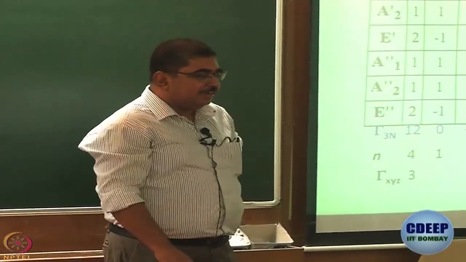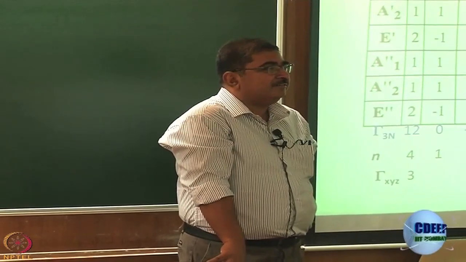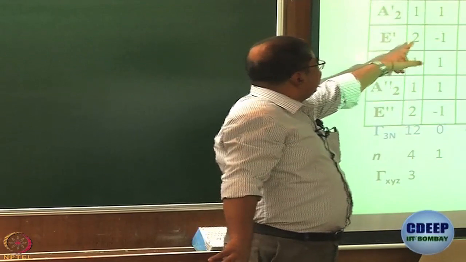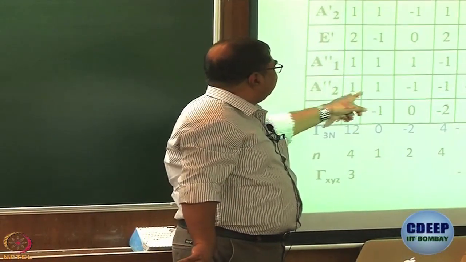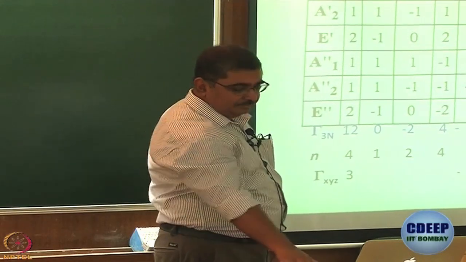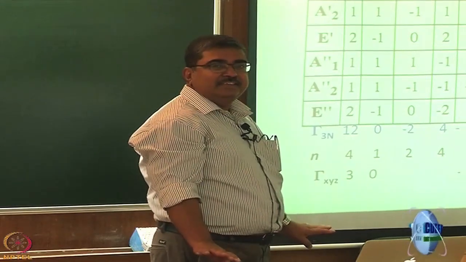What is the character for gamma xyz for C3? What is the character for E dash? -1. What is it for A2 double dash? +1. What is the sum? 0. Understand? We are just adding characters.